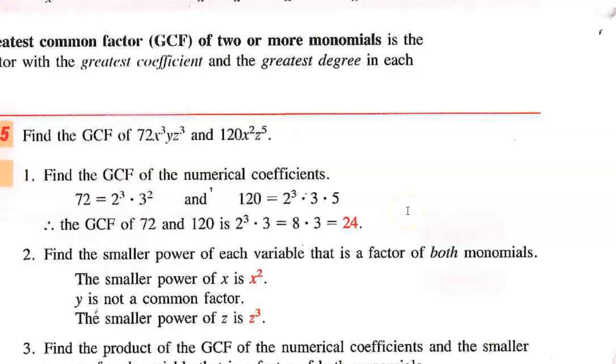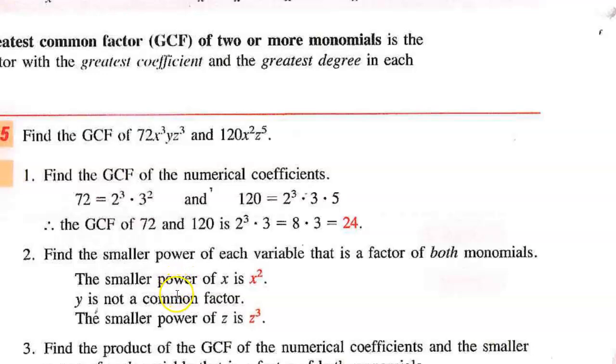Then they put their attention on the variables, and they figured out the greatest common factor of the variable factors. We practice this as well. You find variables that are common to both of the given numbers, and then use the smaller power of that variable.